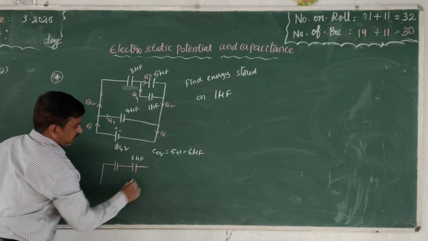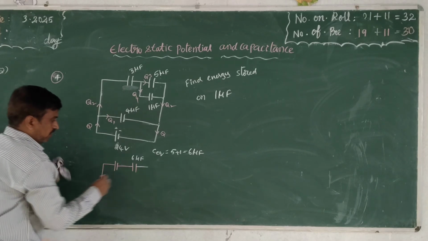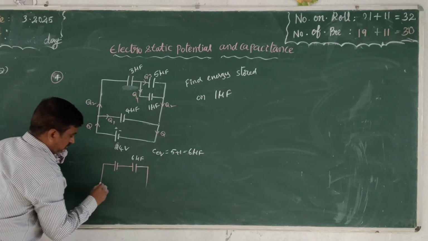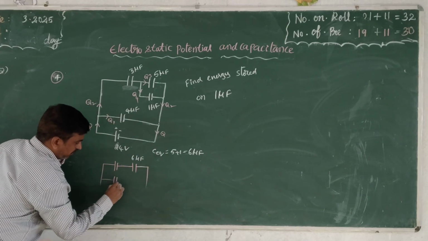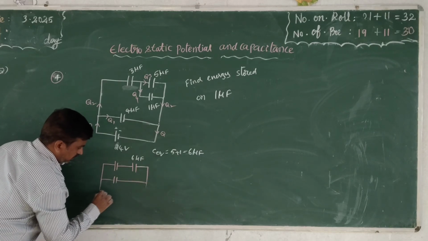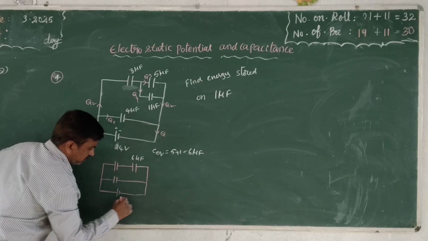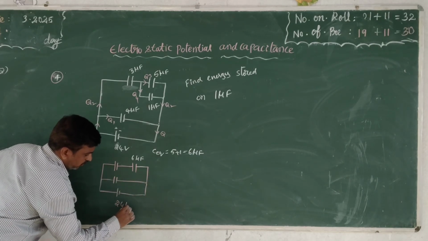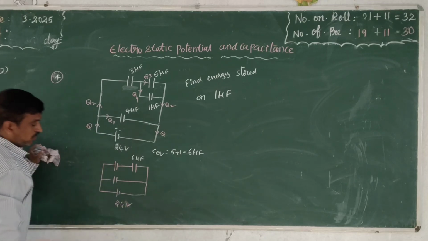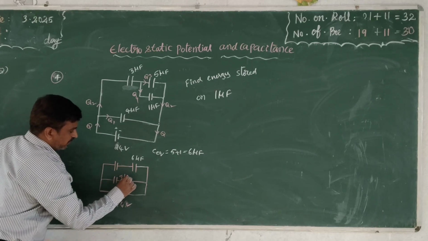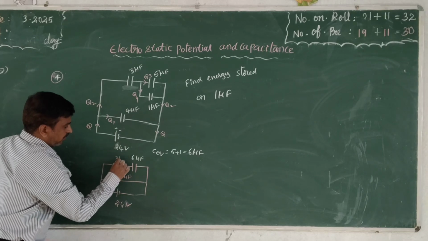Later, one more capacitor is there, connected to the cell. Here 24 volts, here 4 microfarads, and 3 microfarads.